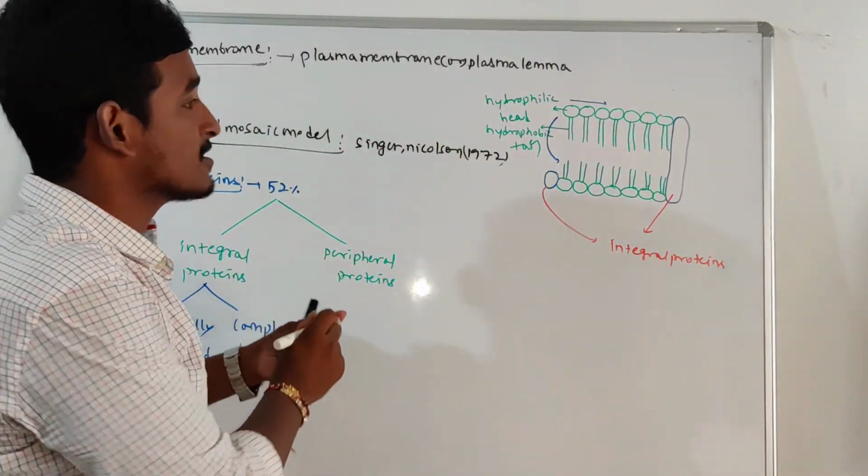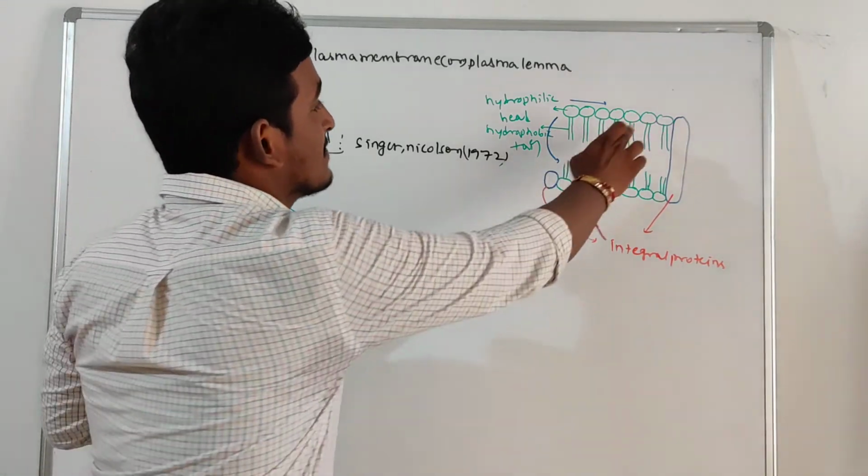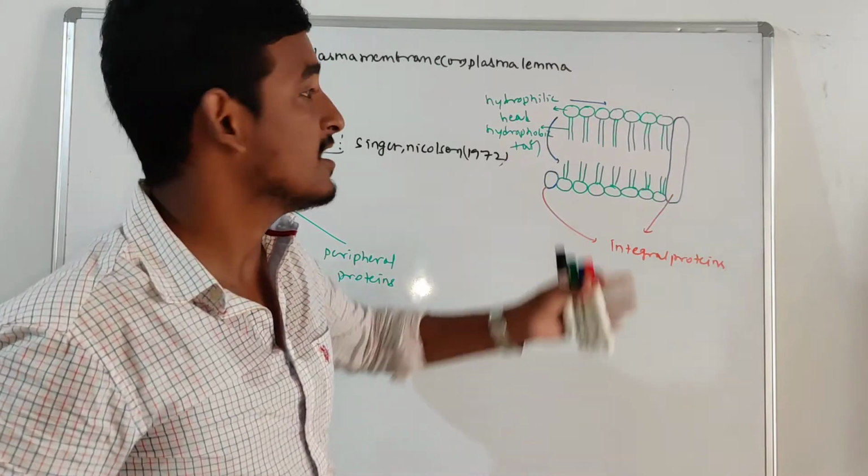So what about the peripheral proteins? Peripheral proteins are present on the surface of the lipid molecules.